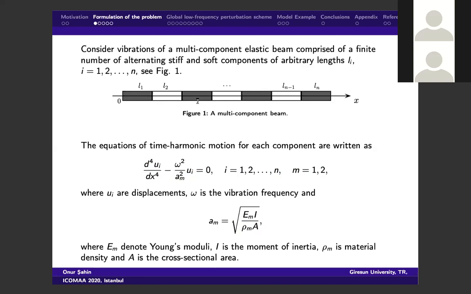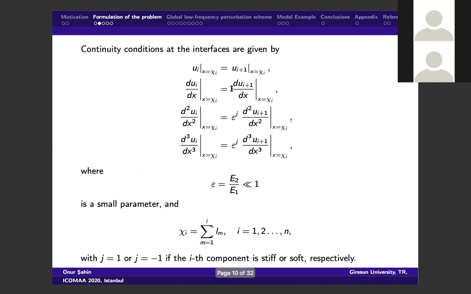And for this beam, the displacements, stresses, bending moments, and shear forces must be continuous at all interfaces, which are formulated by these equations. Here, epsilon is defined by A2 over A1, and because of the high contrast properties in soft and stiff components of the beam, epsilon becomes a small parameter.